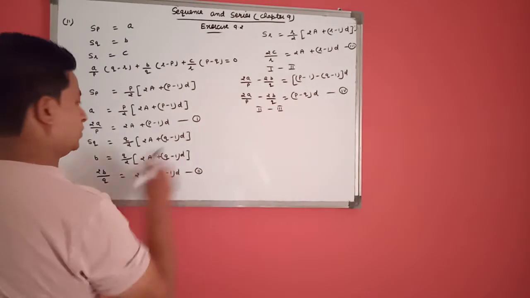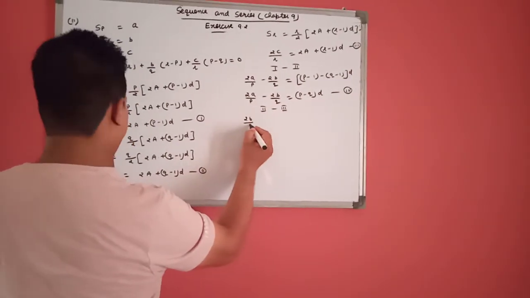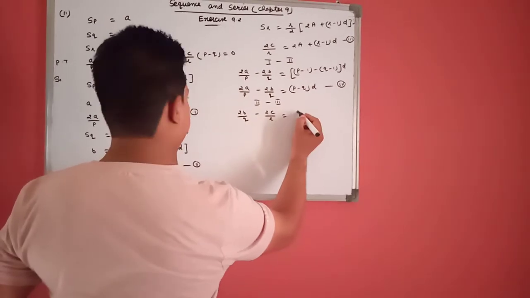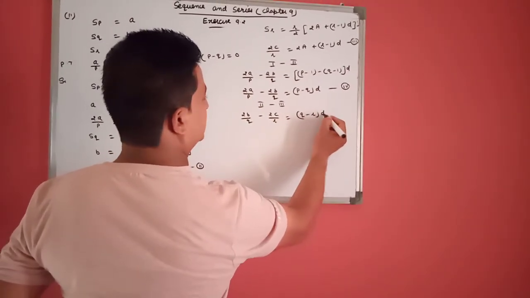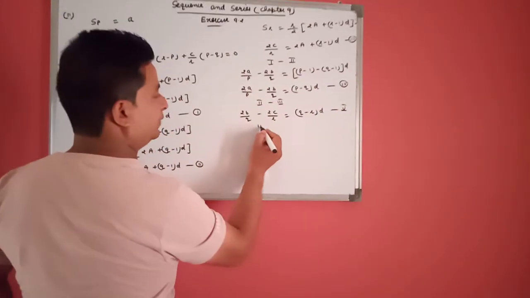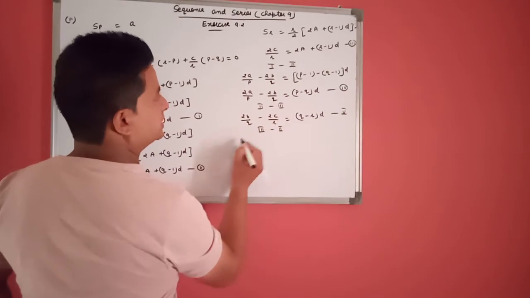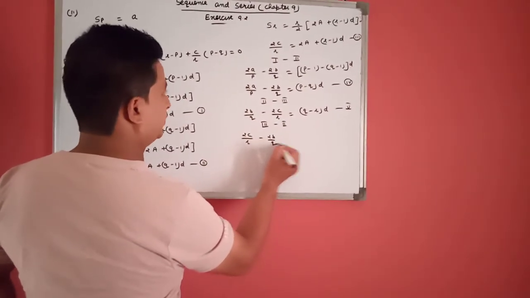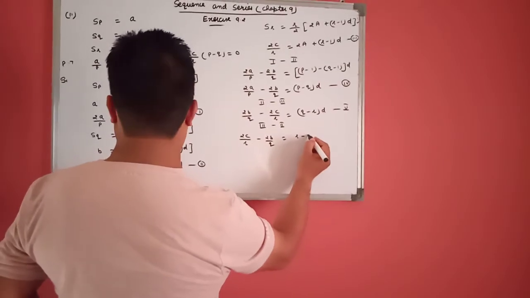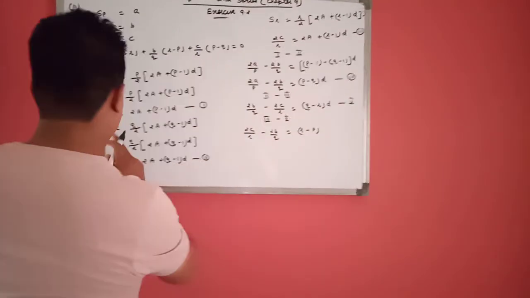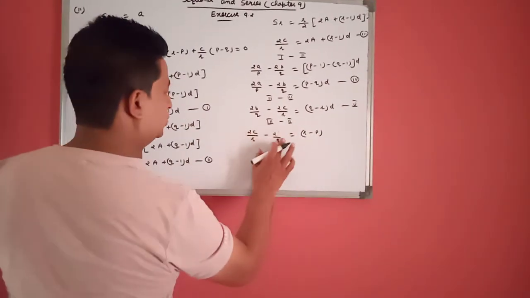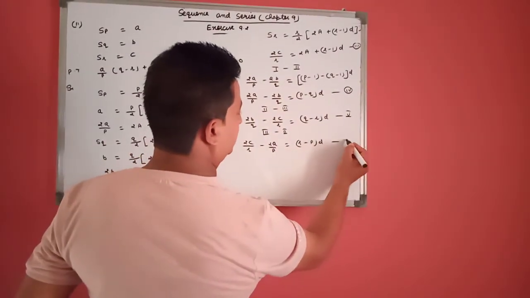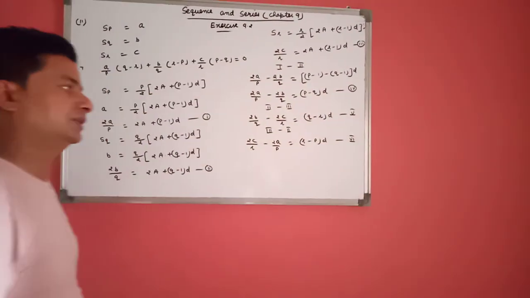Subtract third from second. We have 2b upon q minus 2c upon r. 2A cancels out. This is (q minus r) into D. Equation number 5. Third minus first. This means 2c upon r minus 2a upon p, this is (r minus p) into D. This is equation number 6.